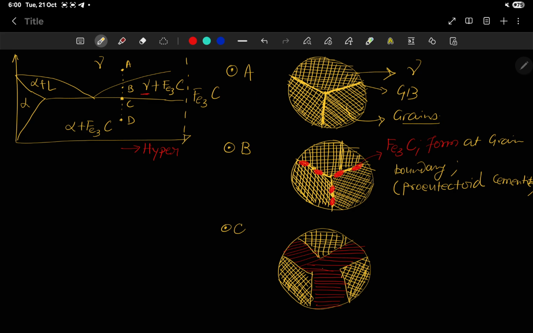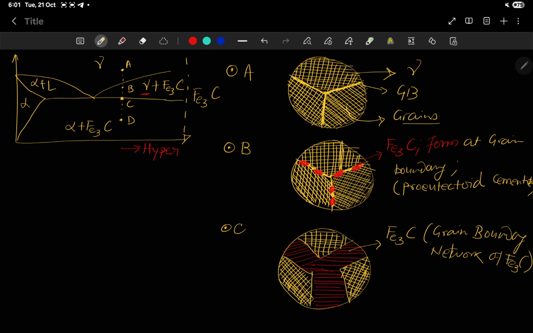Okay, so this is Fe3C. This is called the grain boundary network of Fe3C.